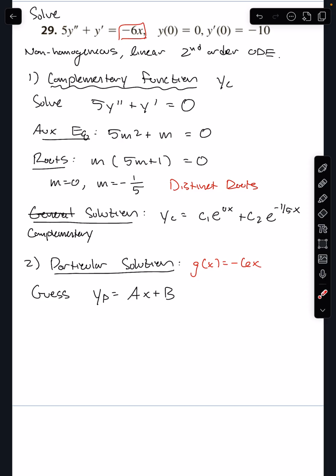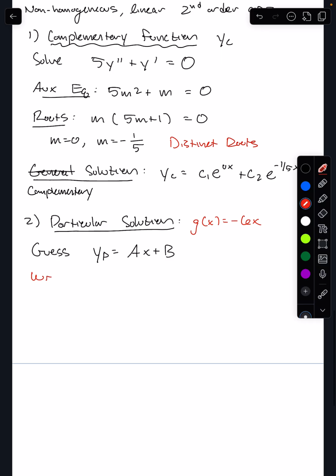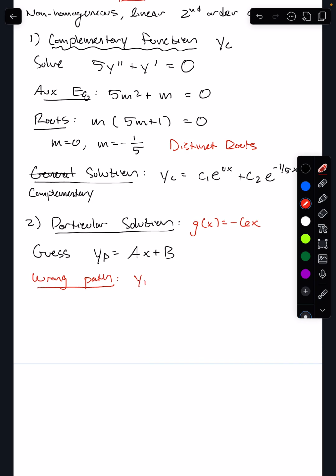And this is because if we look at the original differential equation, let's try and go down a wrong path quickly, which is forgetting to multiply by x here. If we did that, then our yp prime would be a, and our yp double prime would be 0, right?